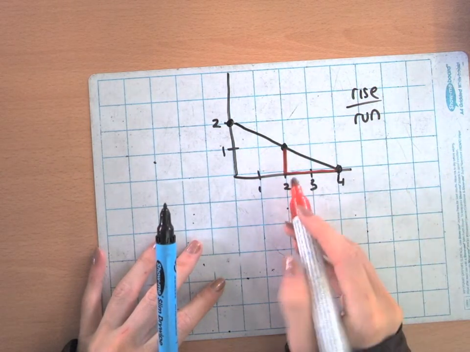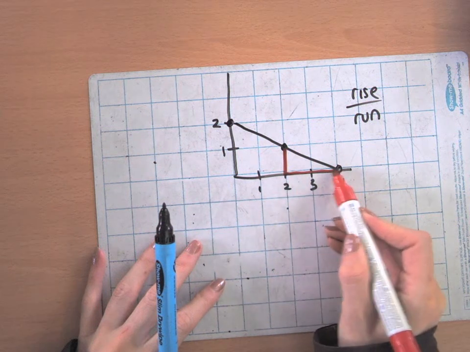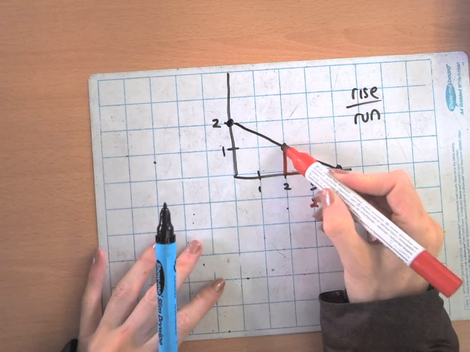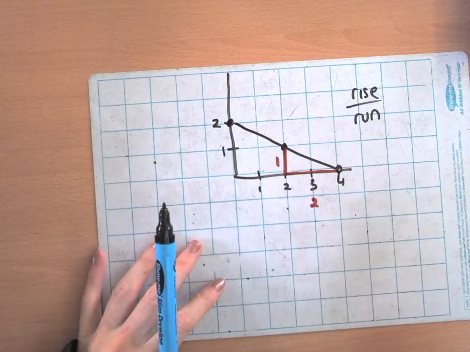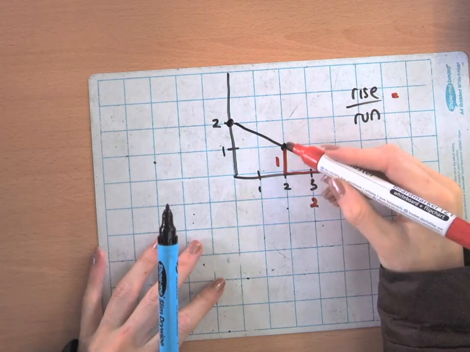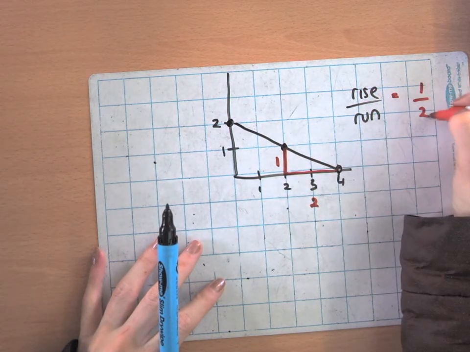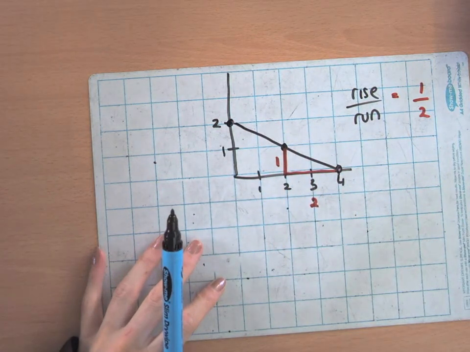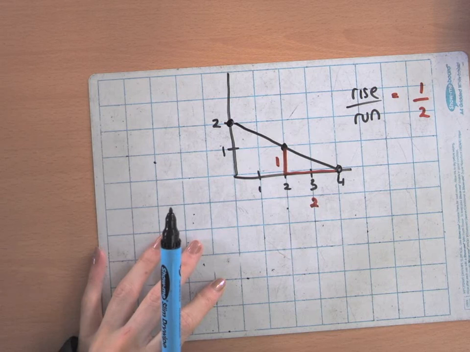What is my run? 2. What is my rise? 1. But be careful. Rise over run is rise over run. But what could you say about that line? It's negative. So stick a minus.